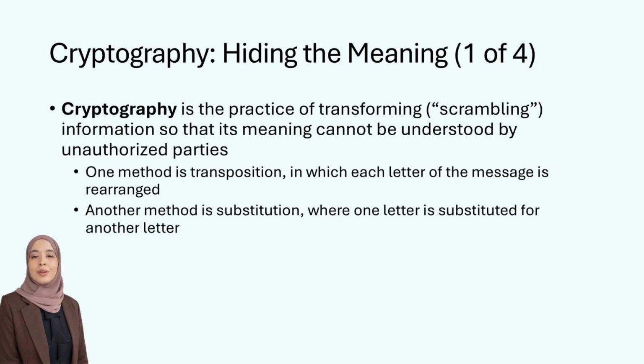These techniques help protect information by making it difficult for anyone to understand the message without the correct methods to decode it. This is the main idea or overall definition of cryptography.